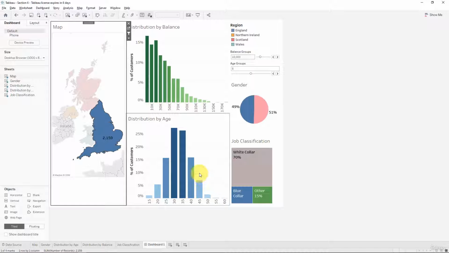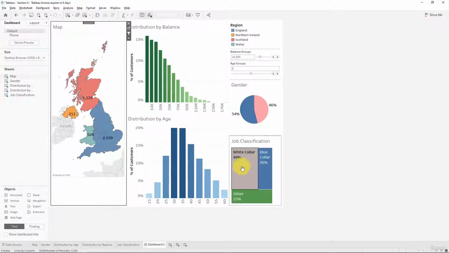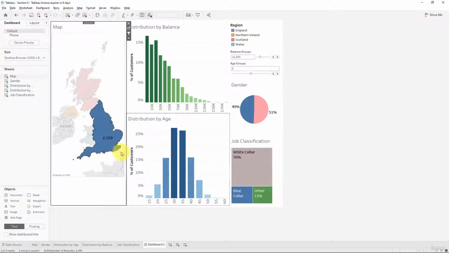And now what we want to look at is the job classification. Here you can see white collar 50%. In England, it's actually 70%. So much more white collar workers in England. And perhaps that has something to do with London, the economic hub of Europe, being in this region.